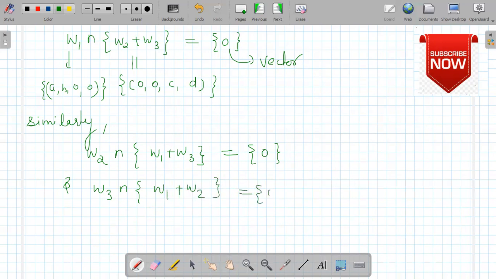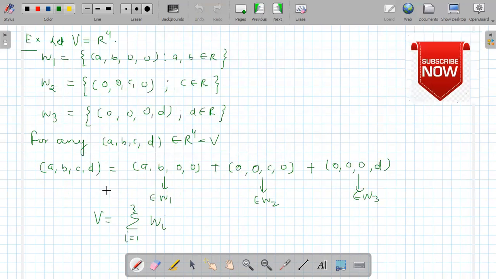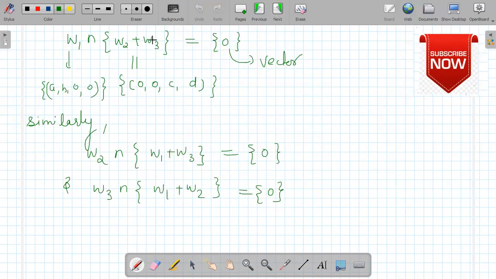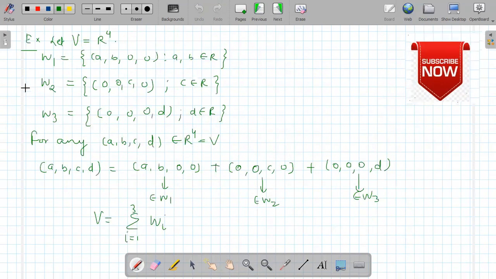So this is a 0 vector again. So both conditions, the first one was that the vector space should be the sum of subspaces, and the second condition was this, are satisfied. So the given vector space R4 is the direct sum of these three subspaces.